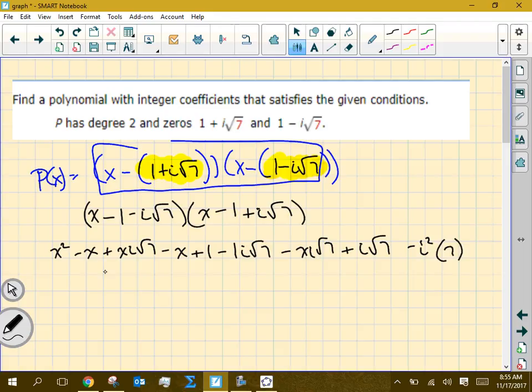So now I combine like terms, get x squared. There's a negative x, that gives me negative 2x. A lot of times I like to cross out the things I've used already. The xi radical 7 and negative xi radical 7 are your additive inverses. You end up with another set of additive inverses going this route, the i radical 7 and the negative i radical 7.